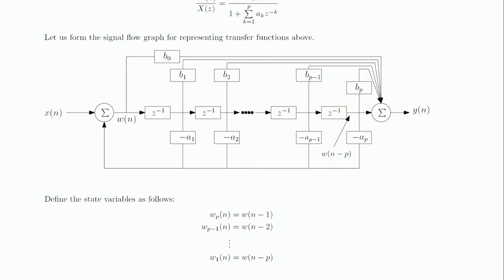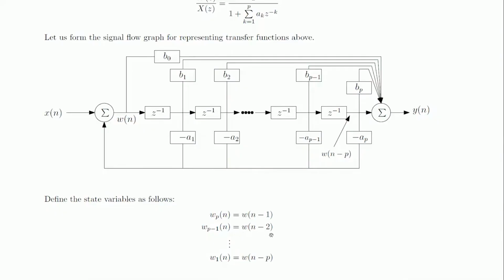We start with w p of n, and we define this to be w of n minus 1. So, if you look at the output of the first delay element, w of n filtered through the first delay gives w of n minus 1, and that w of n minus 1 I call w p of n. And w p minus 1 of n is w of n minus 2, and so on and so forth, and we have w 1 of n which is w of n minus p.